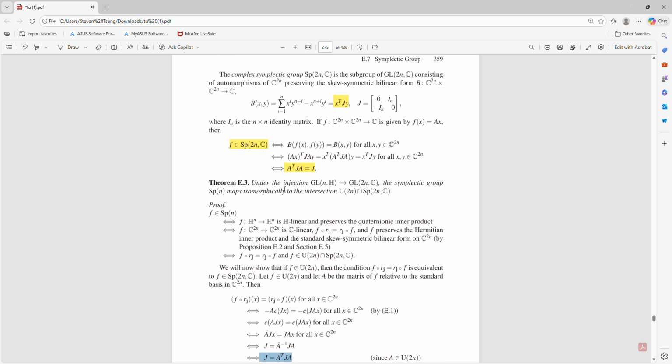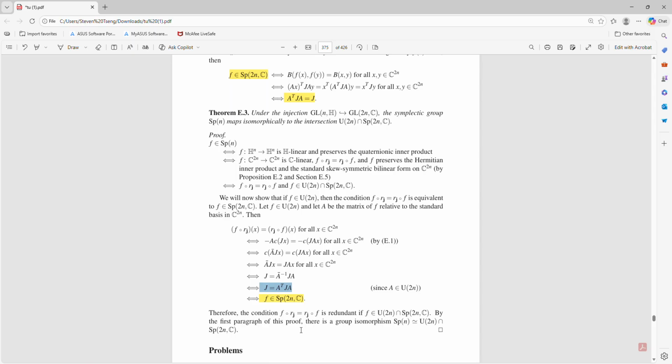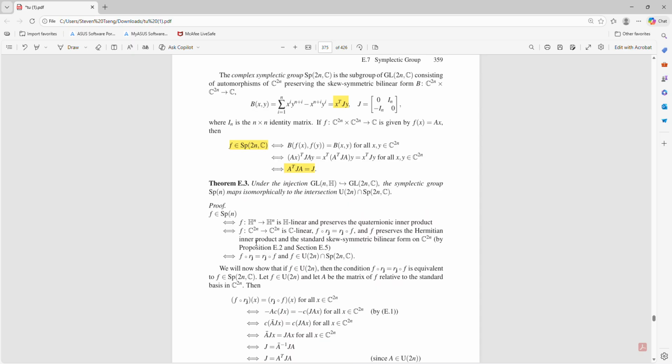By the above conclusion, F belongs to the symplectic group of 2n over C is equivalent to its representation A satisfying A transpose times J times A equals J. So we get that F belongs to the symplectic group of 2n over C. So we prove both sides and we finish this theorem.